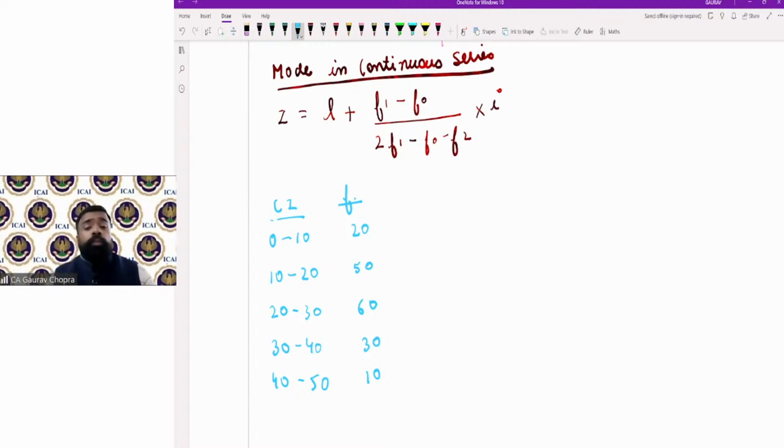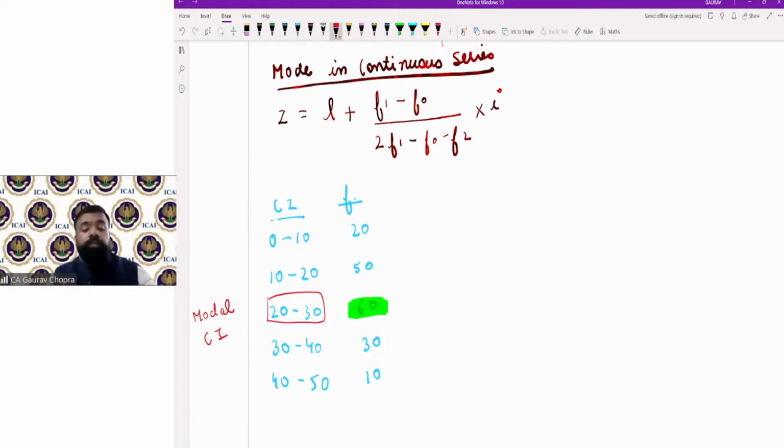Now, according to the concept of mode, what will be the desired class interval? The class interval having highest frequency, that will denote mode. So 60 is the highest frequency. Therefore, modal class interval will be 20 to 30. So 20 to 30 is regarded as modal class interval. That is the interval in which mode will be lying.